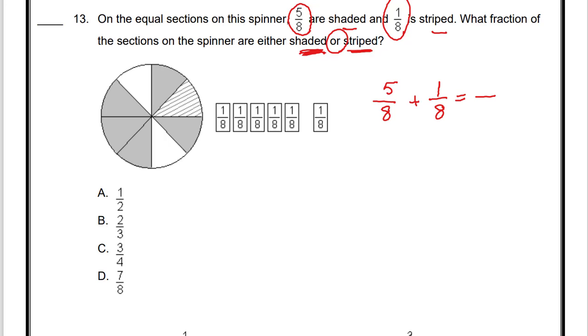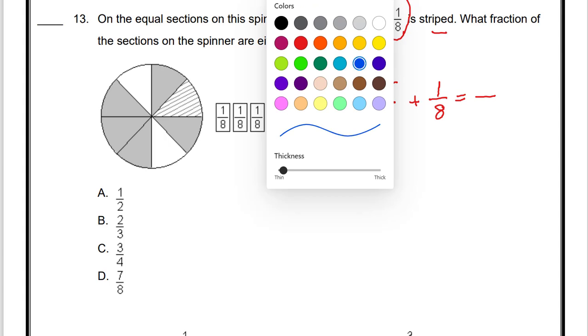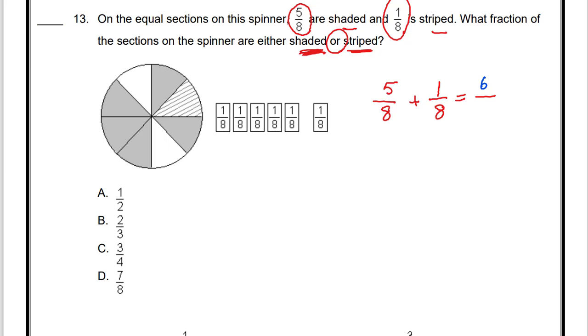What are these numbers that you are using? Just add the numerators, 5 plus 1, 6. And for the denominator, do not change it because this is the size, not the number. So the size is 8s. It's the same, so use the like denominator. So the answer is 6/8.